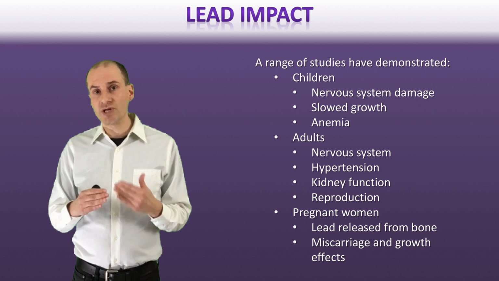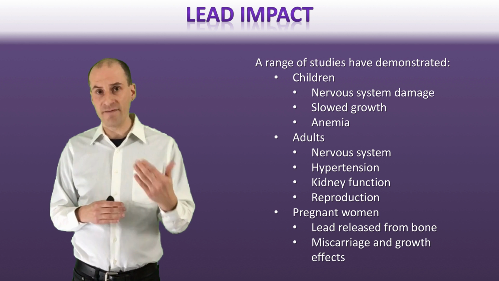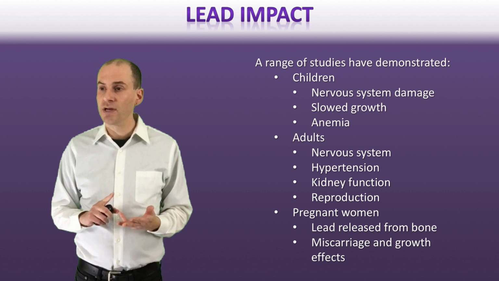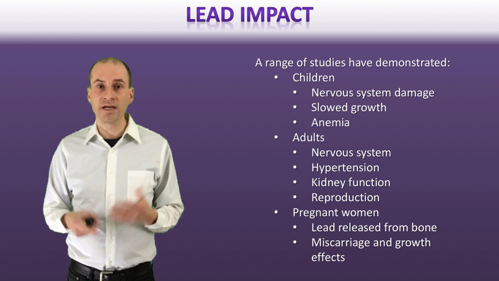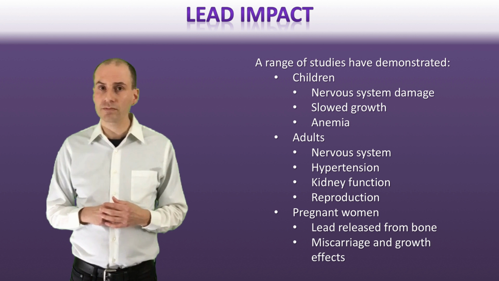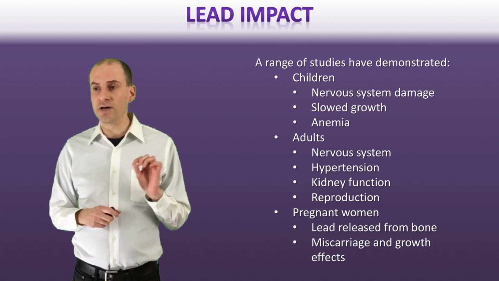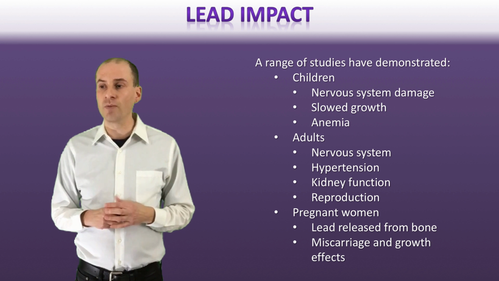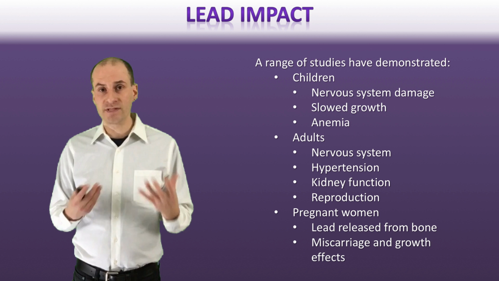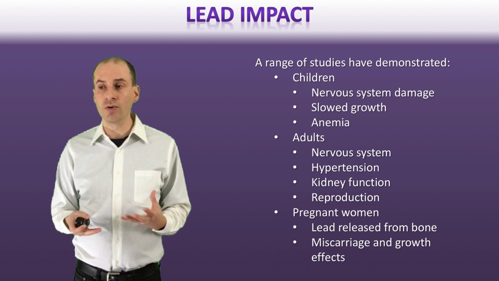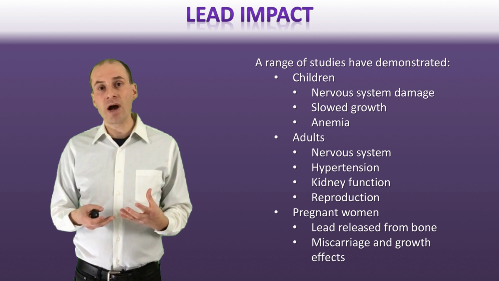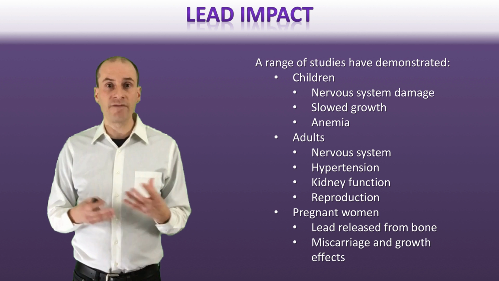For adults, you usually have to have a higher level of lead to have health impacts. But you can have nervous system impacts, hypertension, kidney function impacts, and it can actually affect your ability to reproduce. There's another thing that we think about in terms of lead, which is for pregnant women. When you're pregnant, there's a release of substances from bones, a release of calcium, and as part of that process, you can actually release a fair amount of lead.